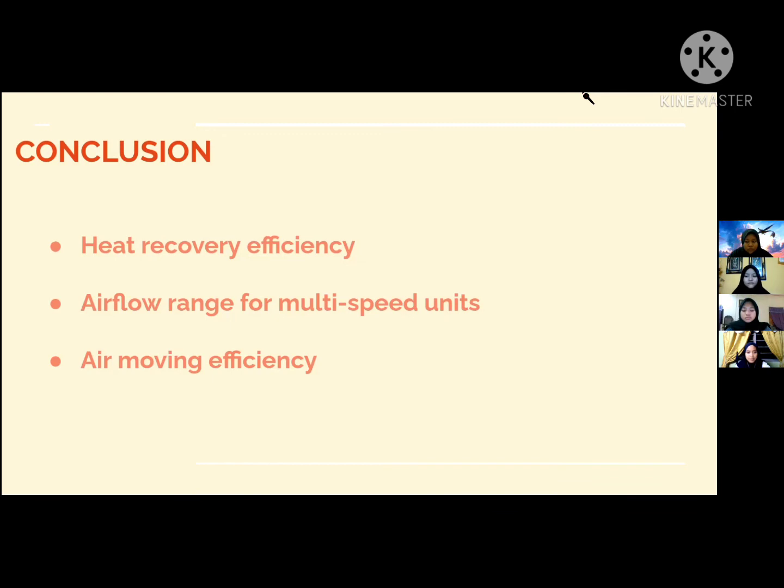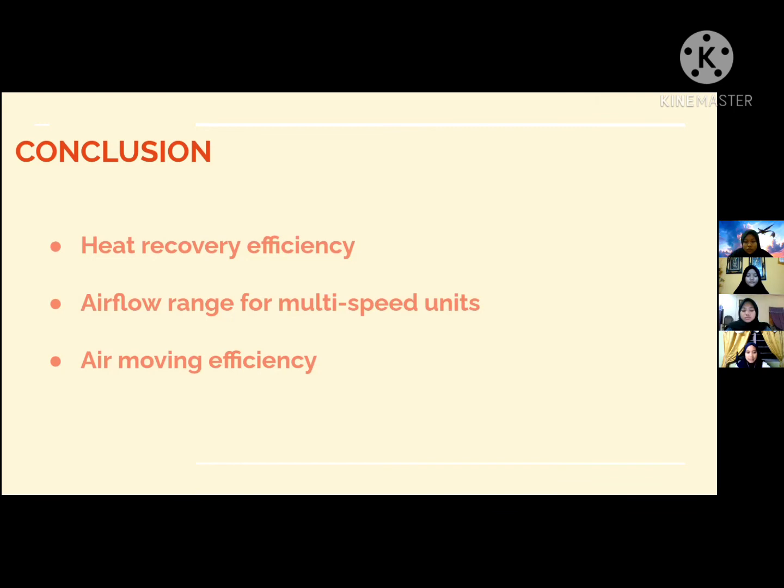It measures how well a heat exchanger recovers heat from the exhaust air as a percentage. Mostly, heat exchangers have efficiencies between 50% and 80%. So what does the percentage represent? It represents how well the heat exchanger recovers the available heat from the exhaust air.